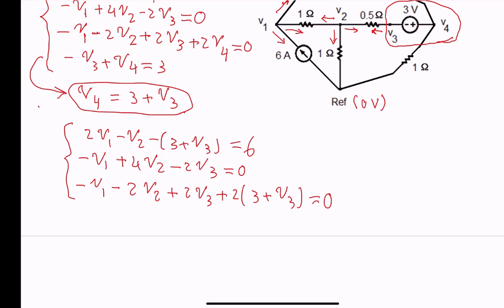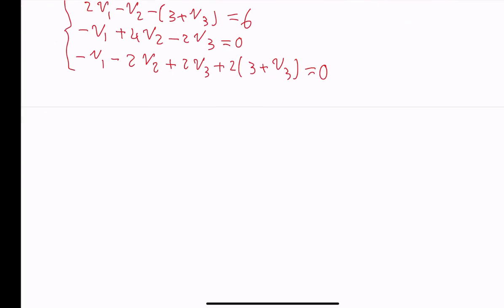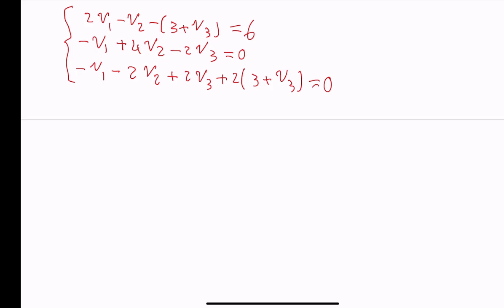I'll simplify those. 2v1 minus v2 minus v3 equal to 9. Let's call this equation 1.